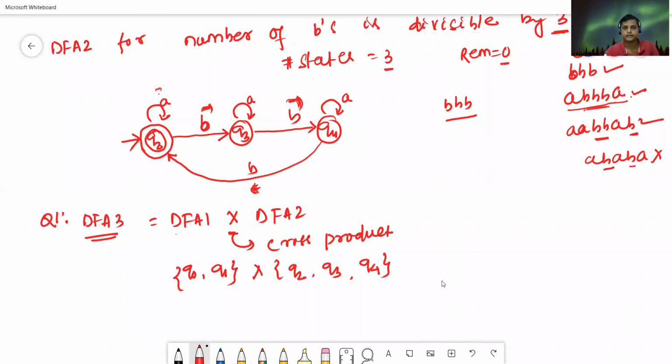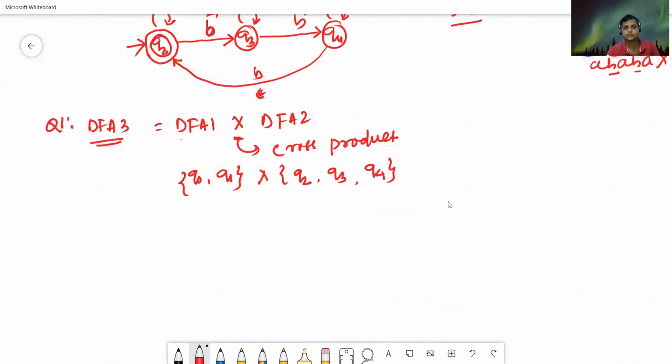Now we take the cross product: Q0 combines with all 3 states and Q1 combines with all 3 states. So we just combine both Q0 and Q1 with Q2, Q3, Q4.